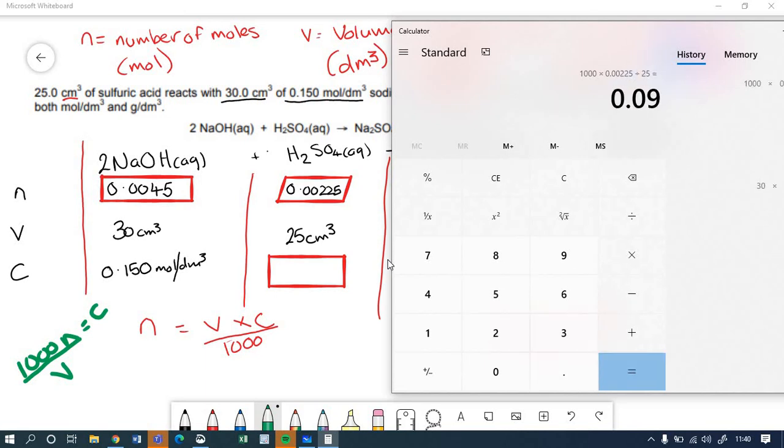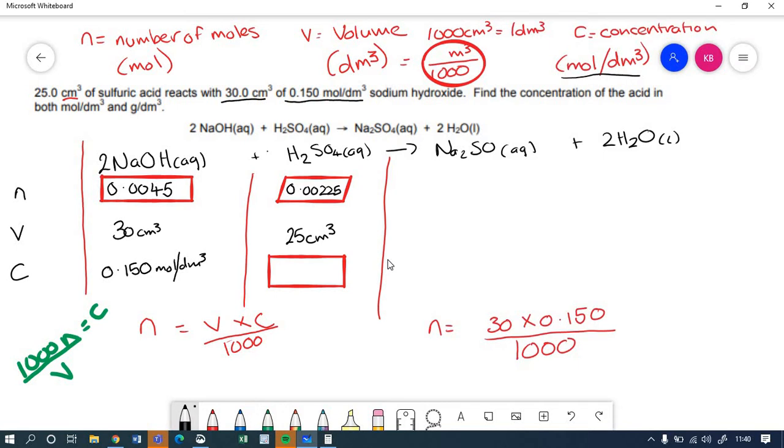So this is telling me the concentration of this acid must be 0.09 moles per decimeter cubed. Okay, so we've now just worked it out, that value.